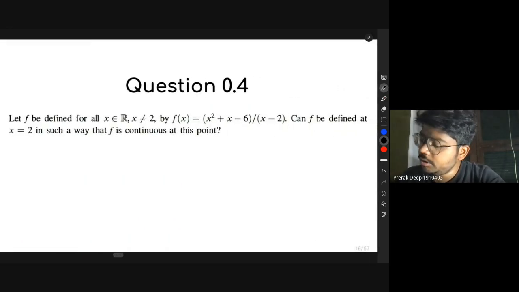Okay. So now let's move on to this question, which asks whether f can be defined at x equal to 2 in such a way that the function f is continuous.